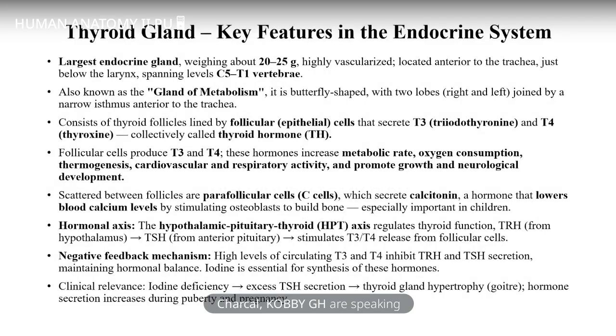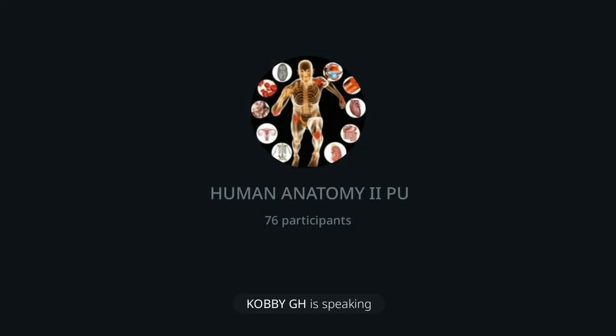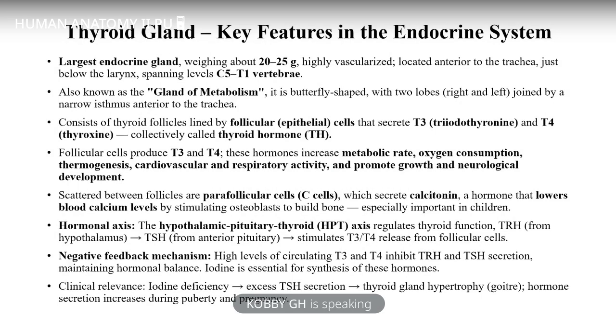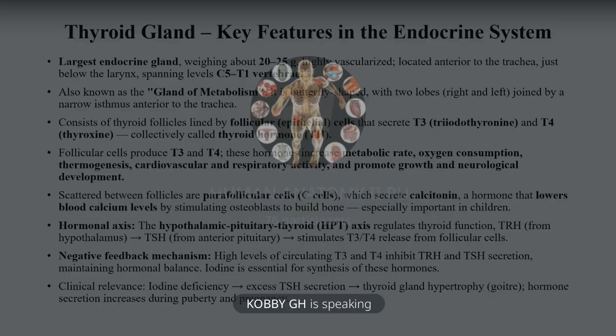So if I ask you what's the location of the thyroid gland? Simple. The thyroid gland is located anterior to the trachea, or it spans between the fifth cervical vertebra and the first thoracic vertebra. That is also correct. Is that okay?